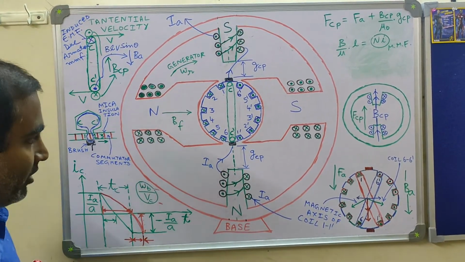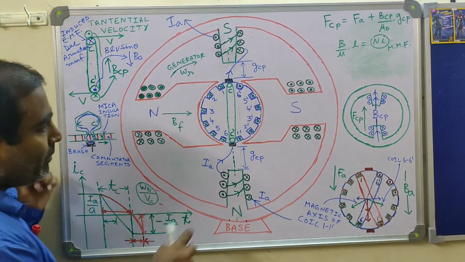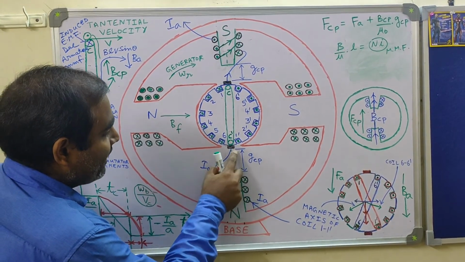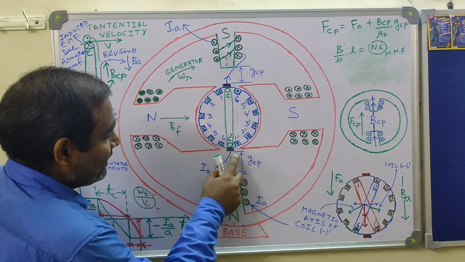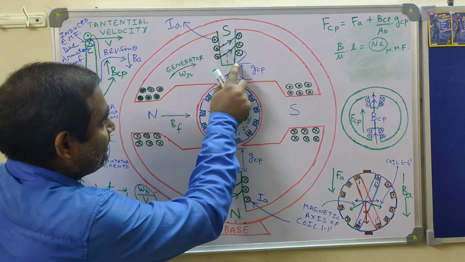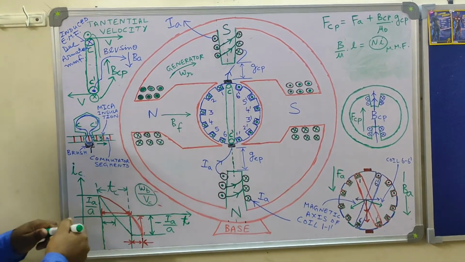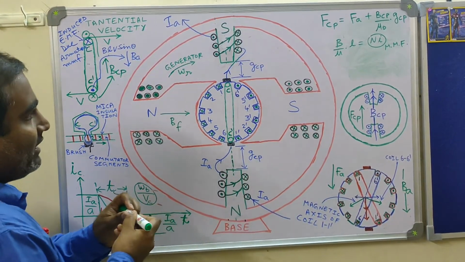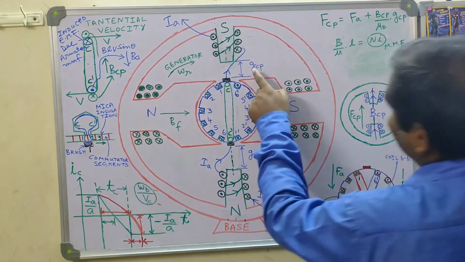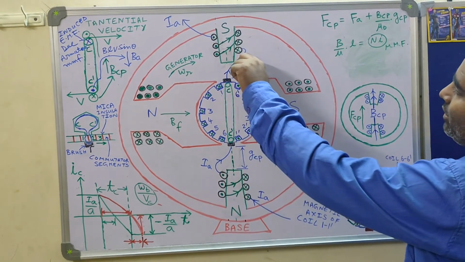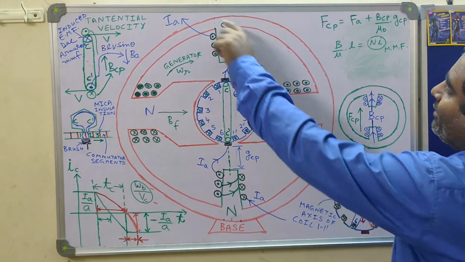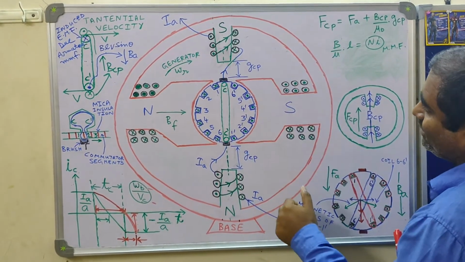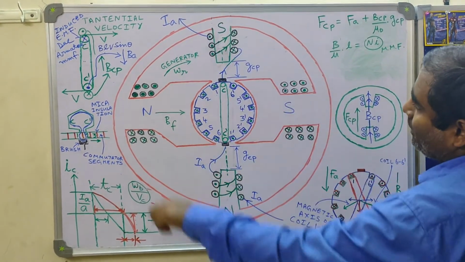So whatever MMF is needed for setting up the magnetic flux needs to overcome the reluctance of this air gap. So this GCP is actually the length of the magnetic path.